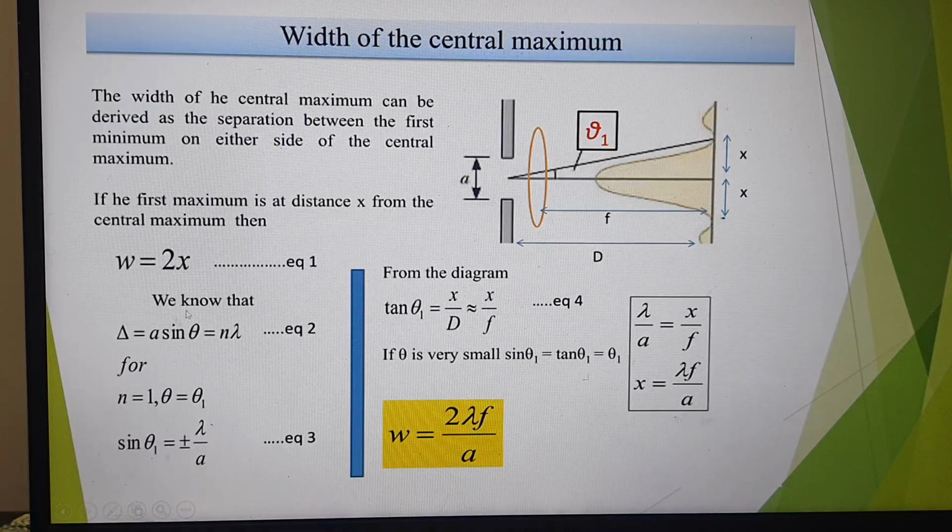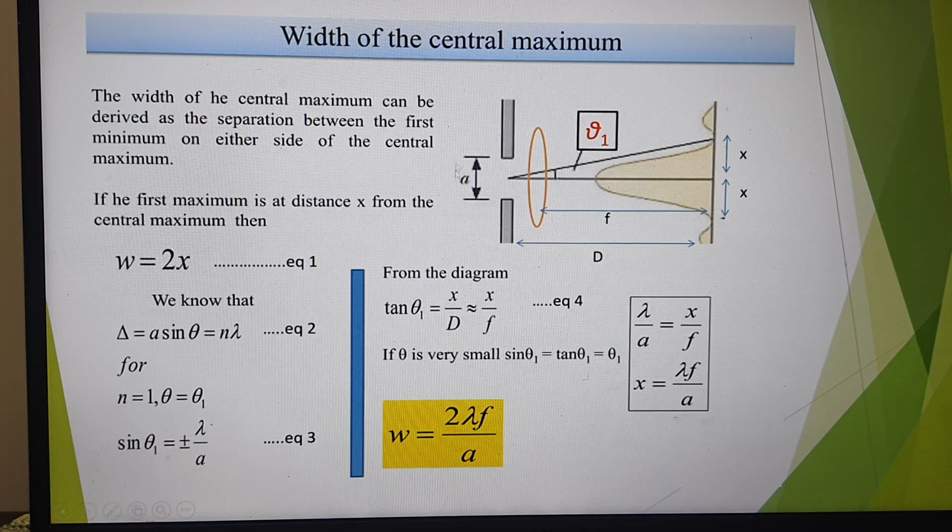We can take the width as 2x. We know already that a sin theta equals n lambda, and there is another condition for m lambda also. So that is a different kind of situation.